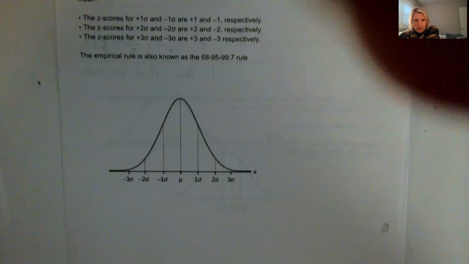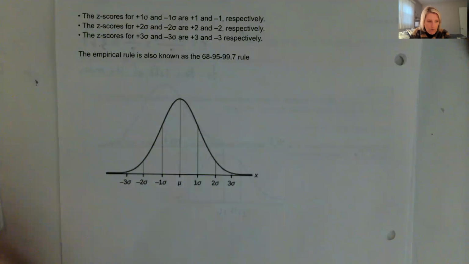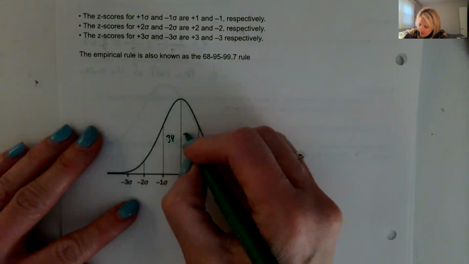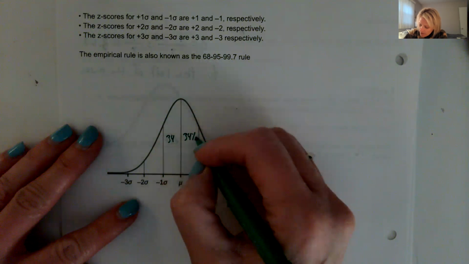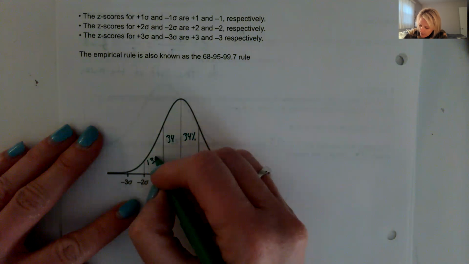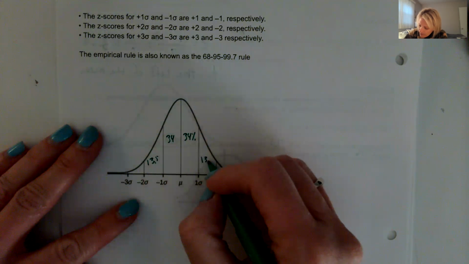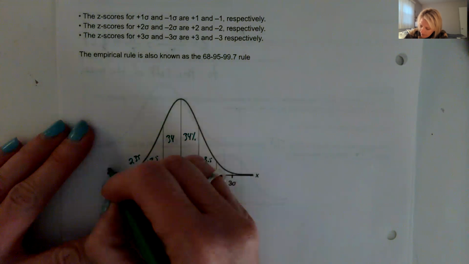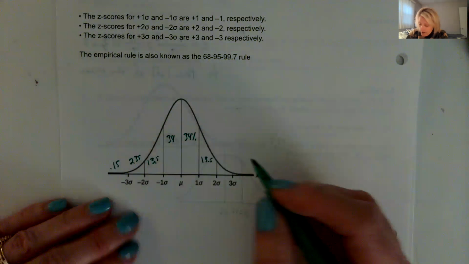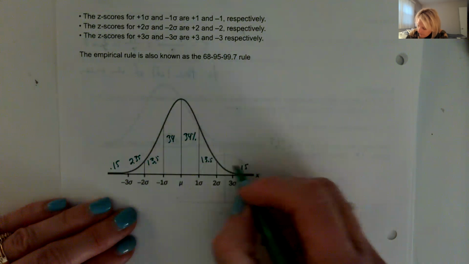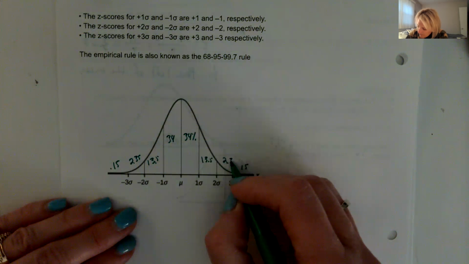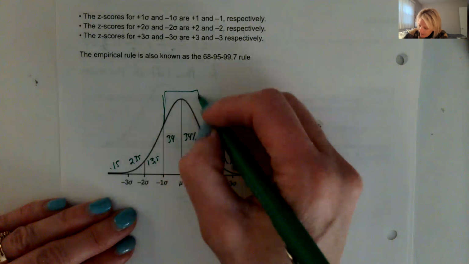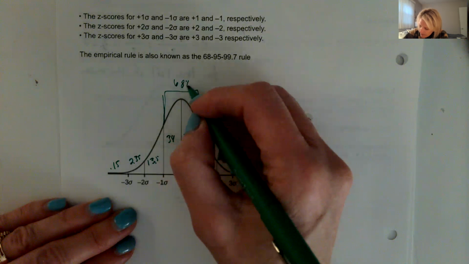That's essentially what we're calling them. And those are shown in the graph here below, where we have 34 and 34%. And then we've got 13.5, 13.5, 2.35, 0.15%. Okay, so this is where our 68% falls.